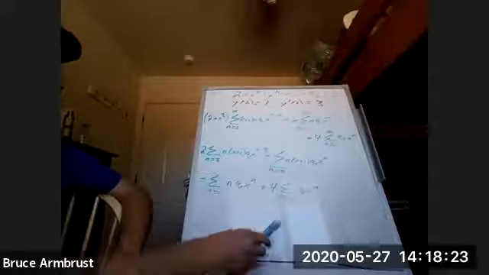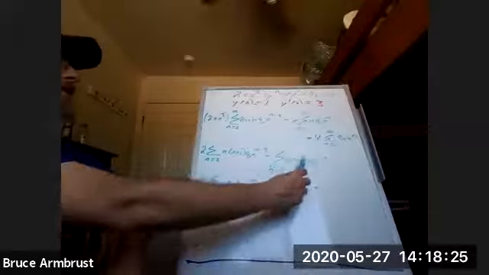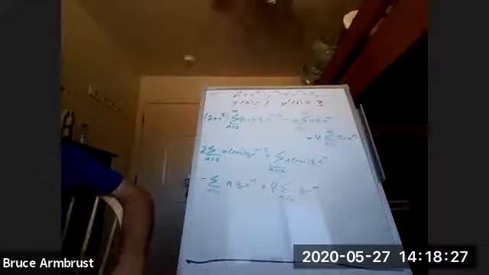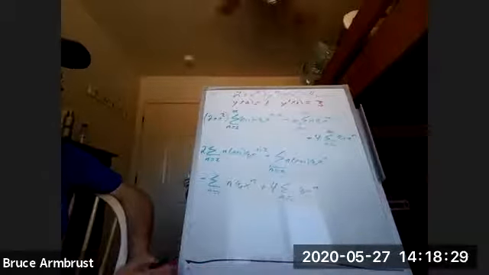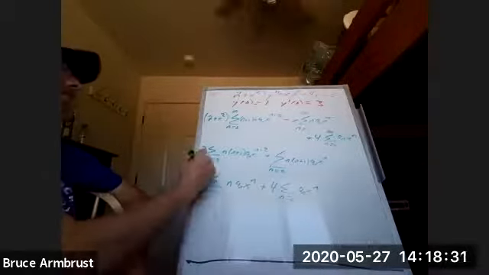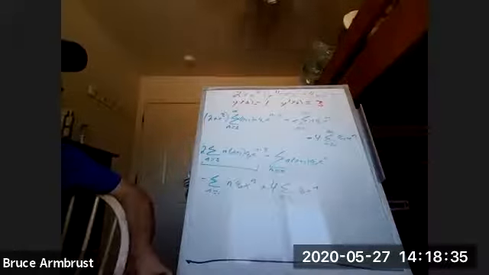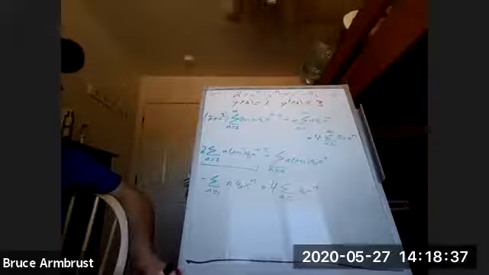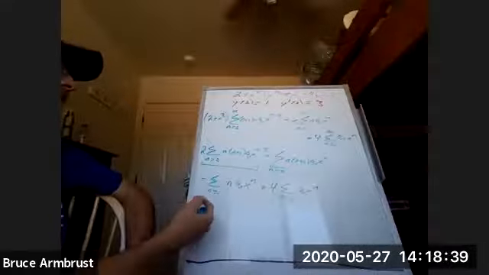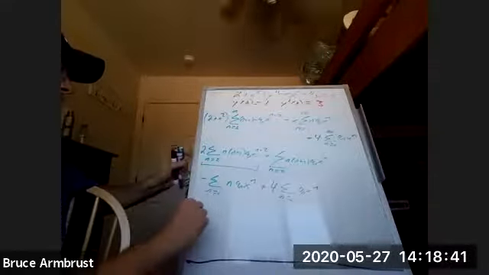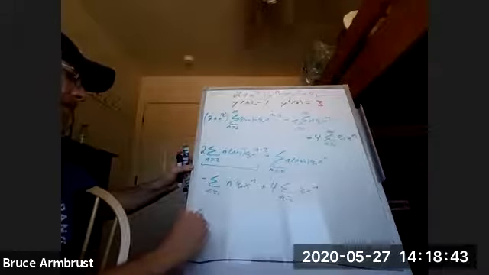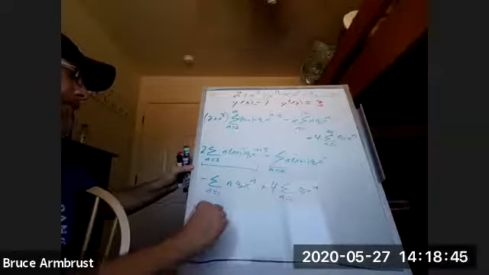Notice that 3 of them are already all x to the n. So the only one we're going to have to shift is this first guy. And we just need to shift it by 2. So when I shift that by 2, it's going to start at 0, but it's going to be n plus 2.